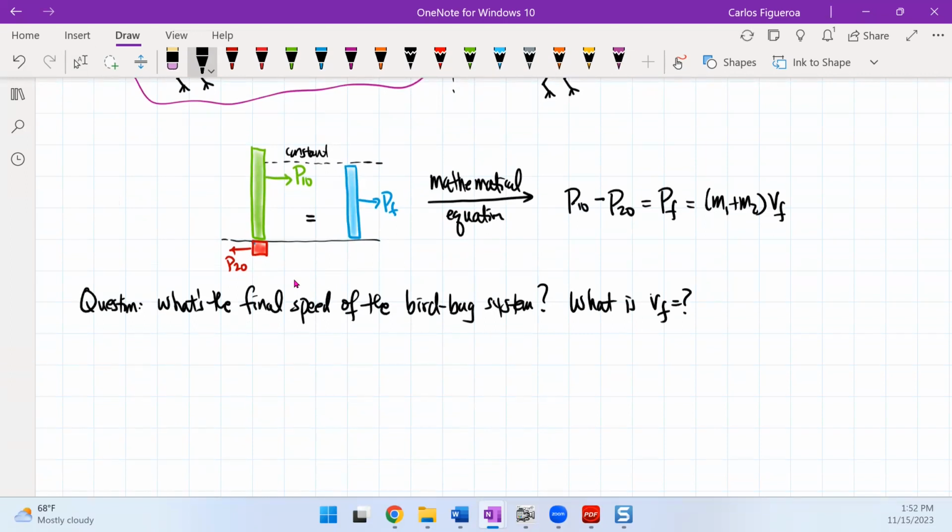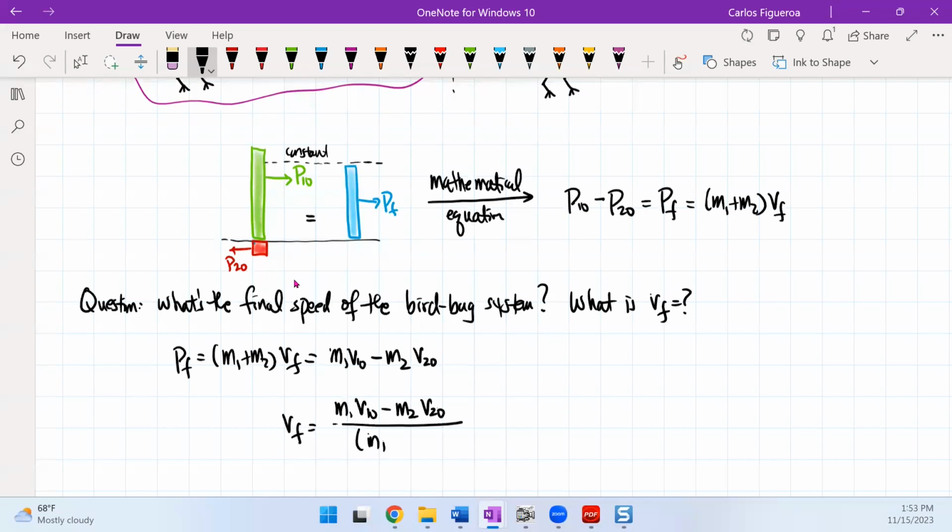Using conservation of momentum, we can say that PF, which is (M1 plus M2) VF, has to equal P1, which will be M1 V1 initial minus M2 V2 initial. I could then solve for VF, and if I isolate VF, you can see that I have this combination where I'm dividing by the two masses.